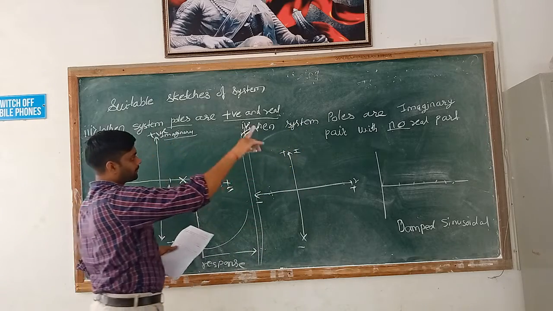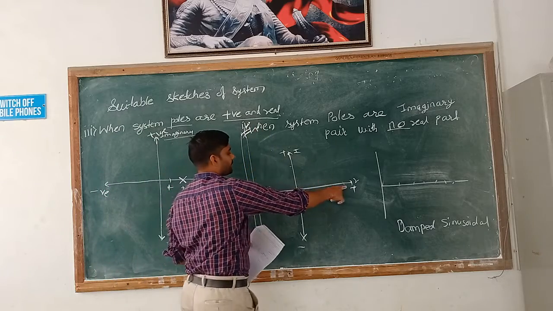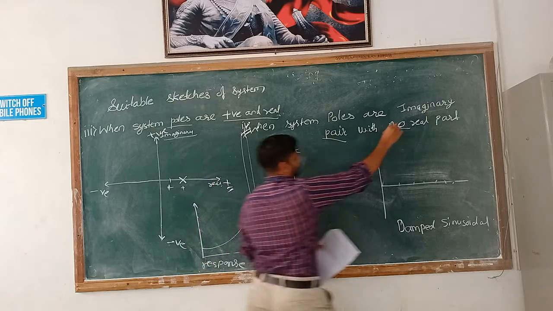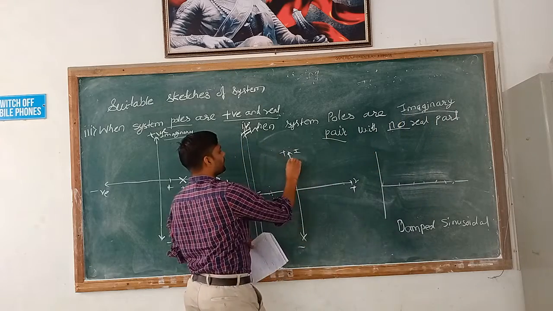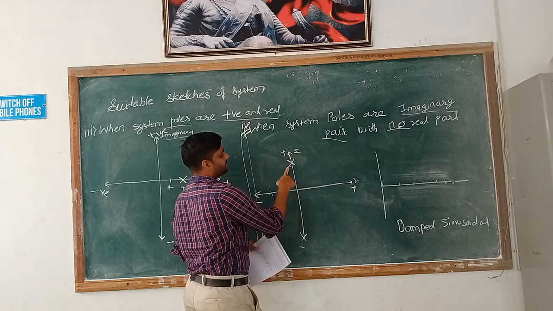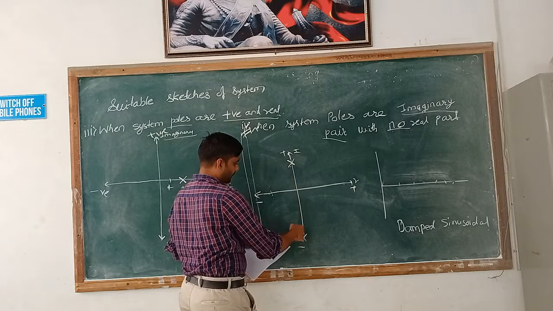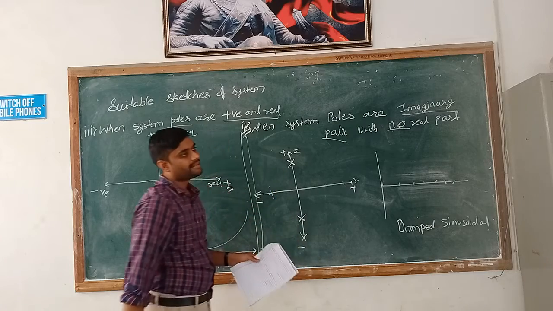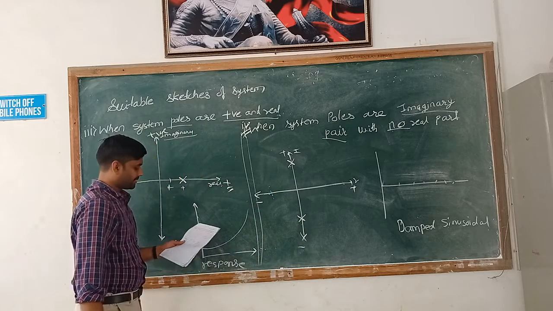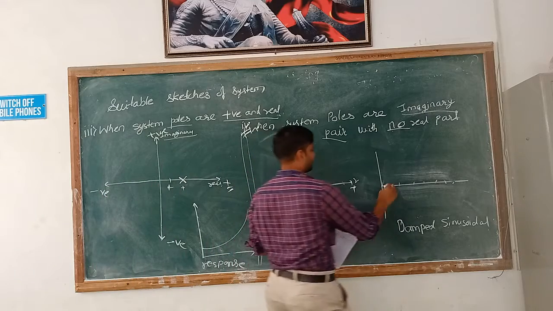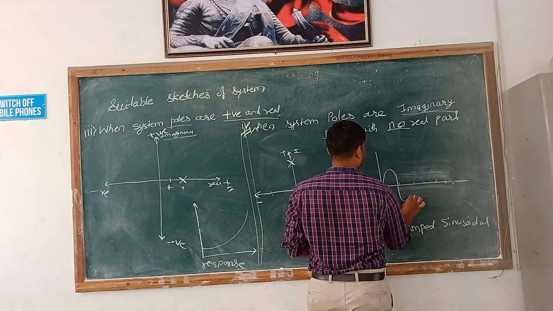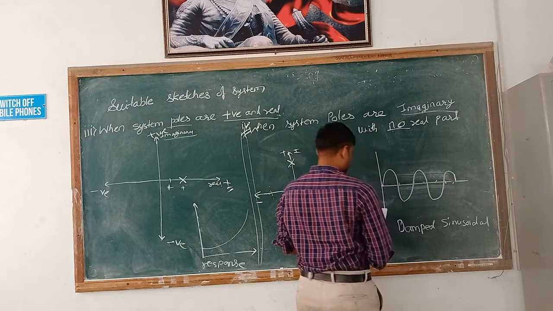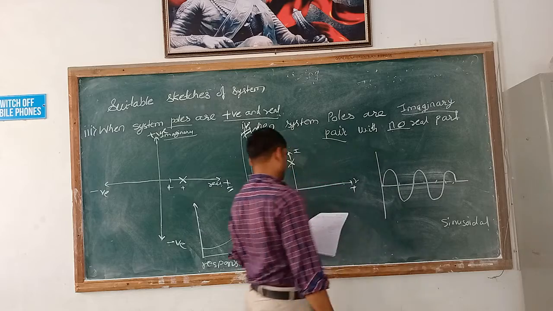So no real part means the value doesn't come on the real axis. It has only an imaginary pair. So our poles are completely on the imaginary axis, either this side or that side. At that time the system is a marginally stable system, and the response of the system is like this, which is a sinusoidal response.